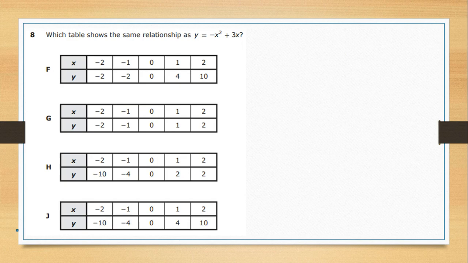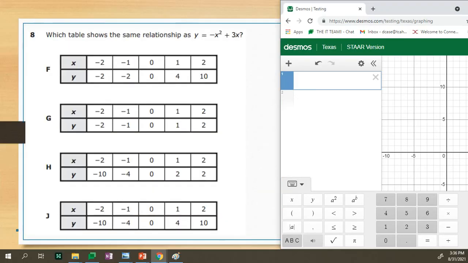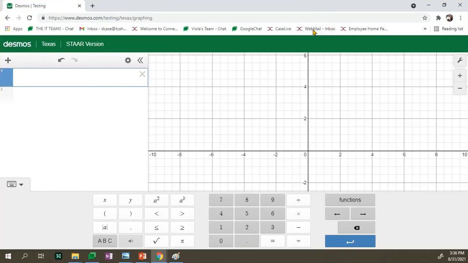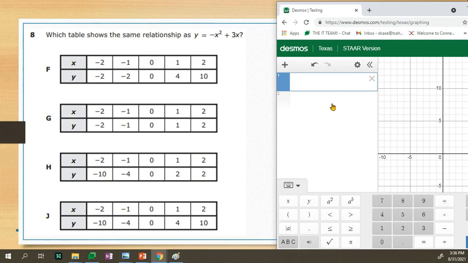So I'm going to bring up my Desmos calculator, which is resisting right now, but that's okay. I'll force it. All right, now I'm going to type in the equation at the top, which is y equals negative x.